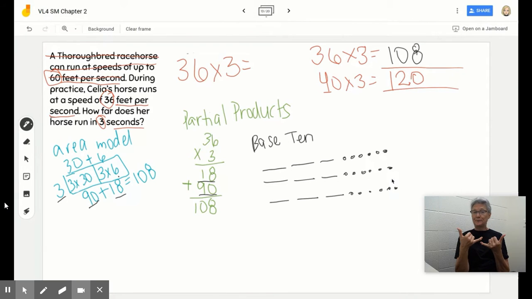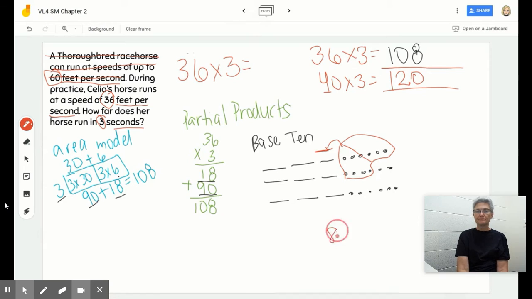Now, I know that I need to regroup when finding the product. I'm going to quickly change my pen color here. If I look in the ones, I know there's a group of 10 hiding in there. We've got 6, 7, 8, 9, 10. There's that group of 10. I'm going to plop that over into my tens, cross it out here. Then I have 1, 2, 3, 4, 5, 6, 7, 8. I have 8 ones remaining. I'm going to jot that down right here.